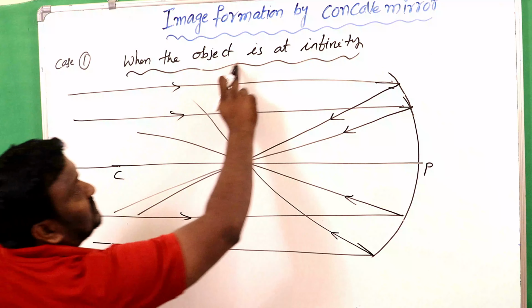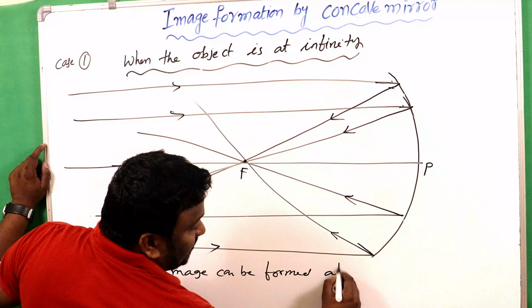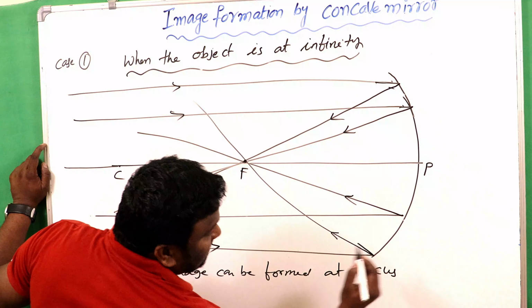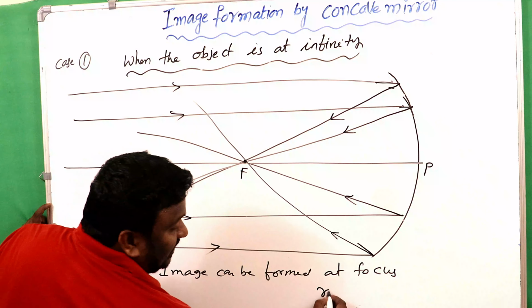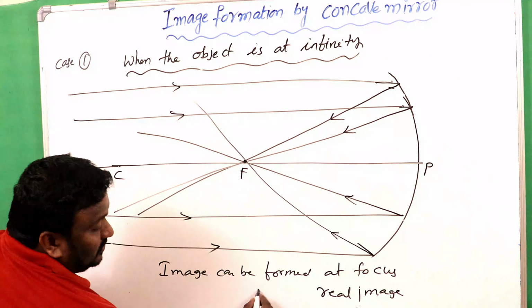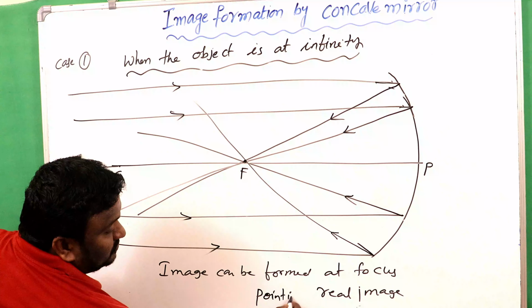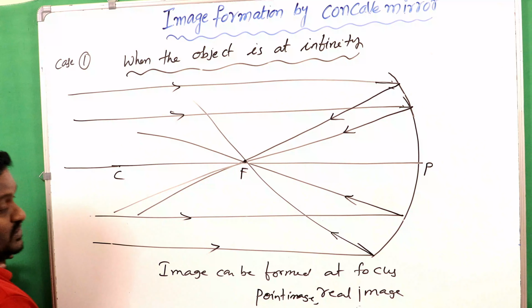That's why, when the object is at infinity, the image is formed at the focus. The nature of the image is real, and it is a point image.